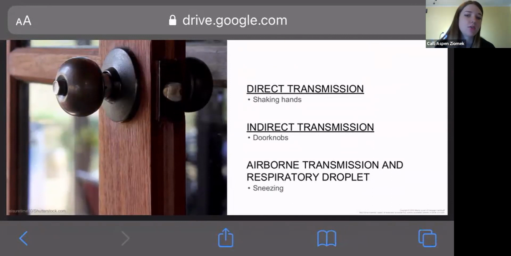So you have different modes of transmission. You have direct transmission and indirect transmission, as well as airborne transmission. Most of this is common knowledge, especially now with everything with COVID. But direct transmission is what we most commonly think of when you think of somebody getting sick.